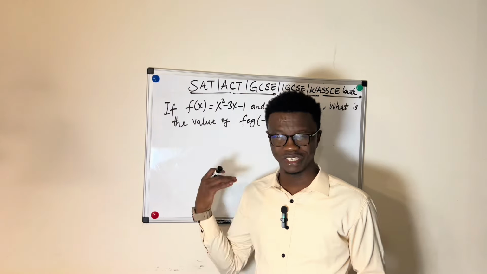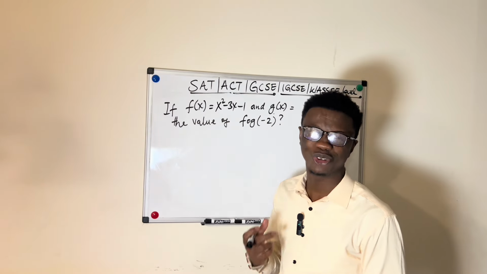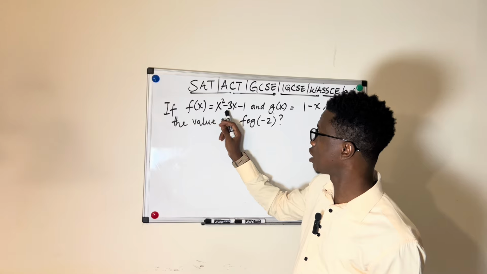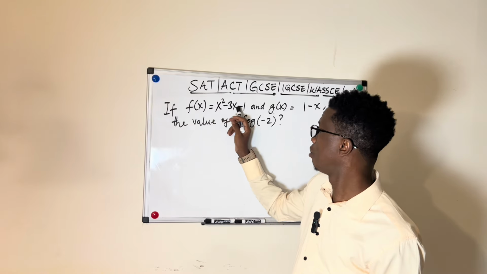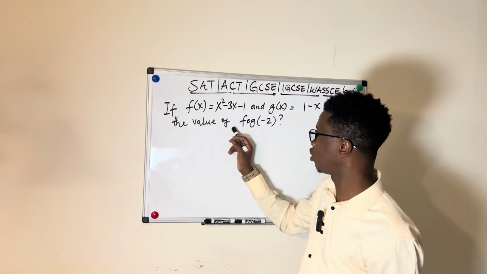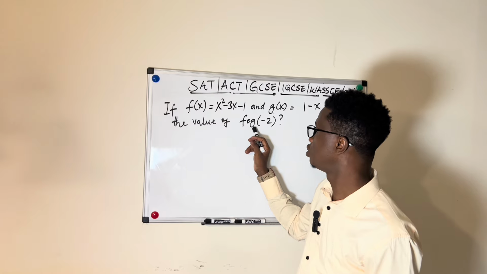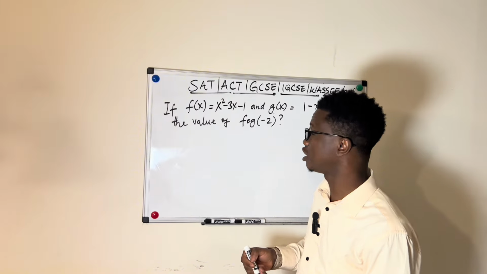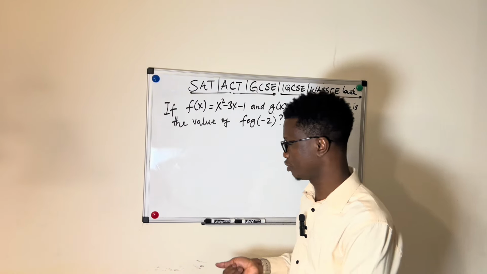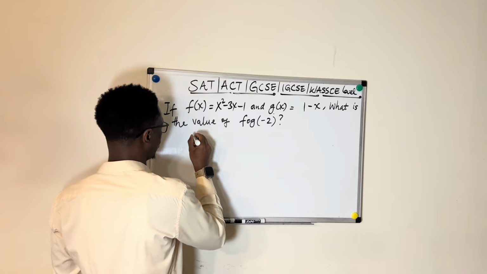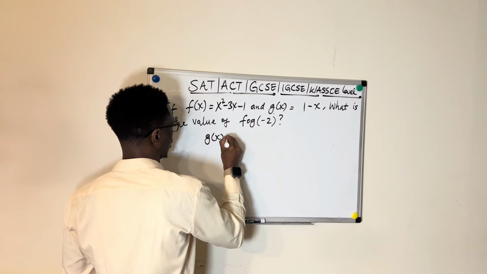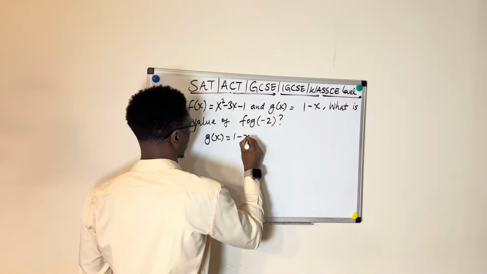So let's solve the second example. This one says if f of x equals x squared minus 3x minus 1 and g of x is 1 minus x, what is the value of f of g of minus 2? The same thing here, we start from the inside, so g of minus 2. We know that g of x is giving us 1 minus x.